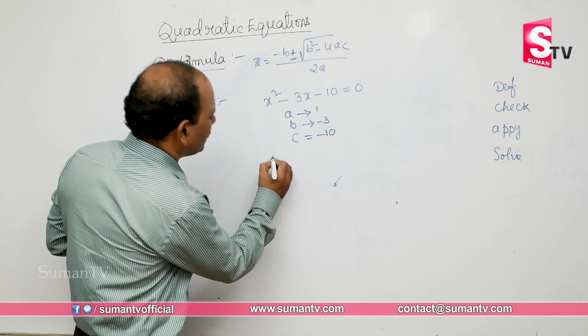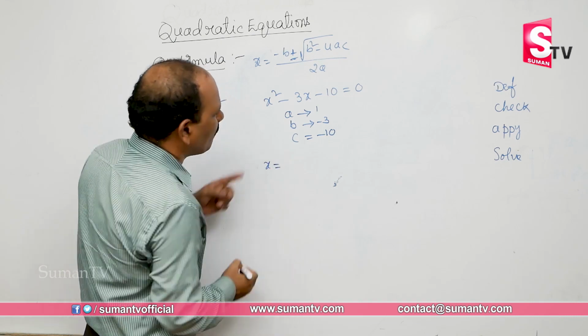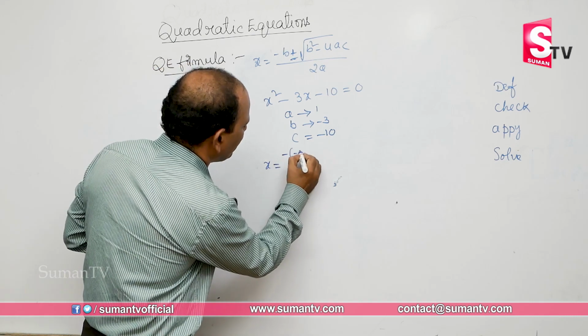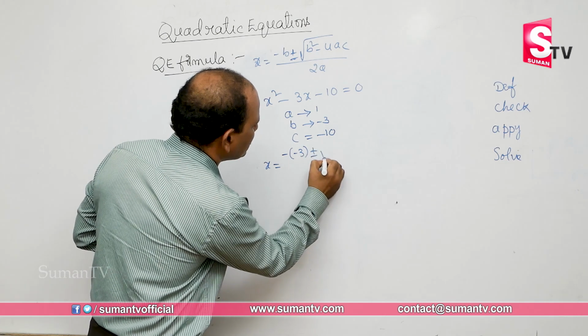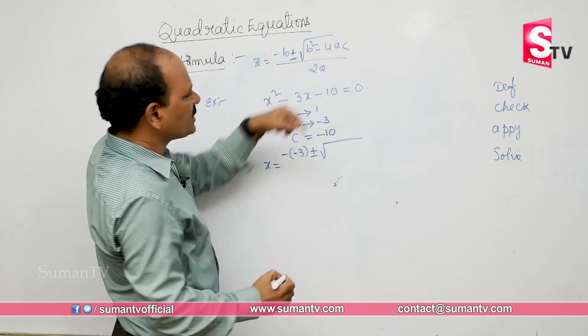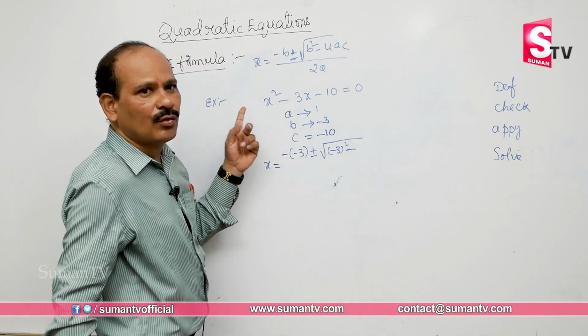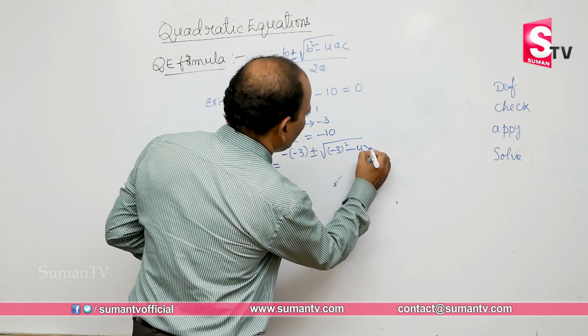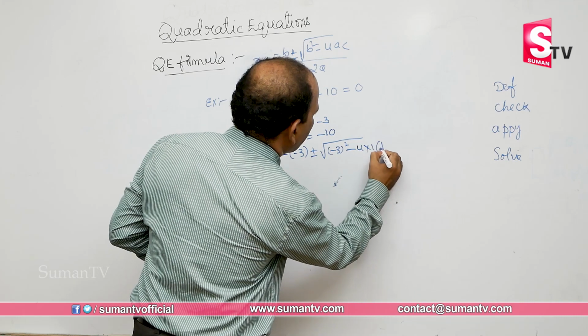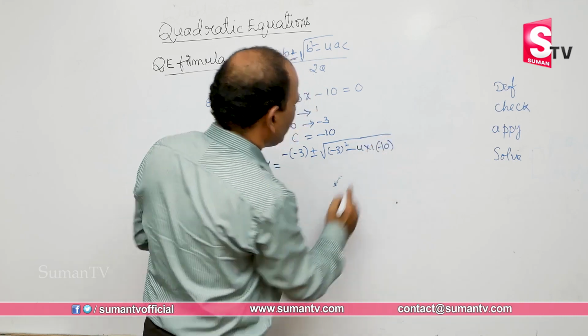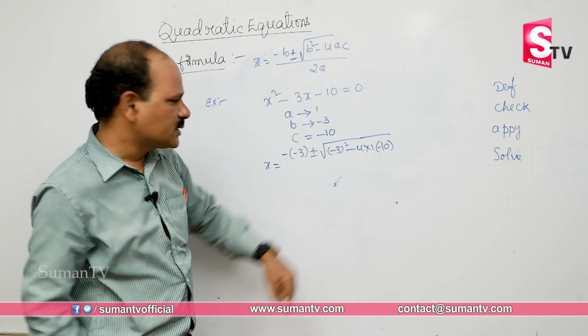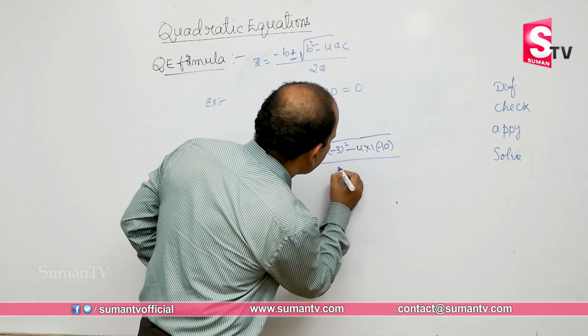Now, x is equal to minus b, minus of minus 3, plus or minus root b square minus 4ac. Minus 3 whole square, minus 4 into 1 into minus 10, by 2a.